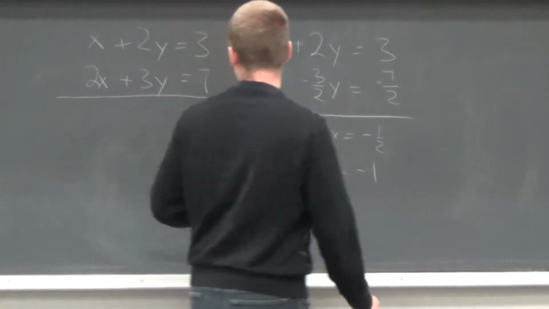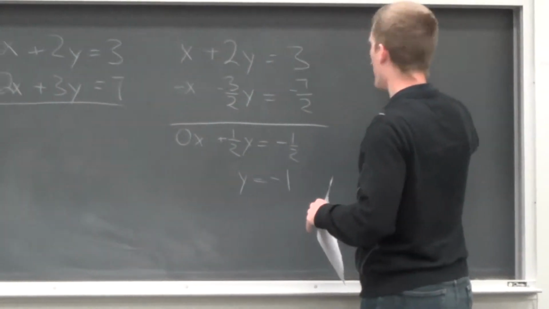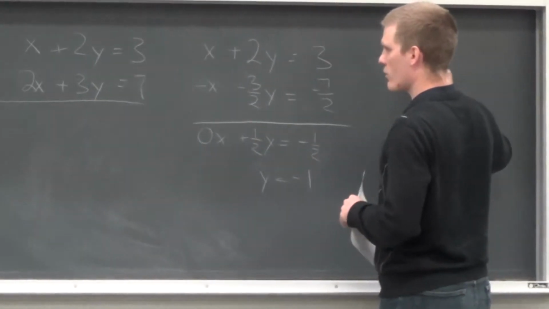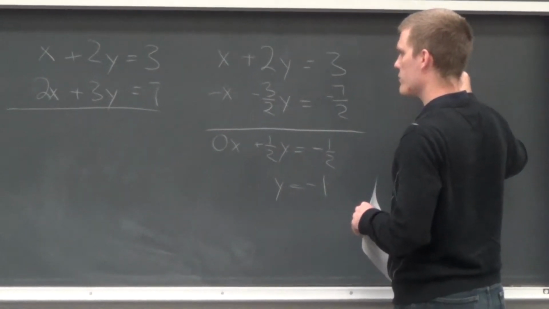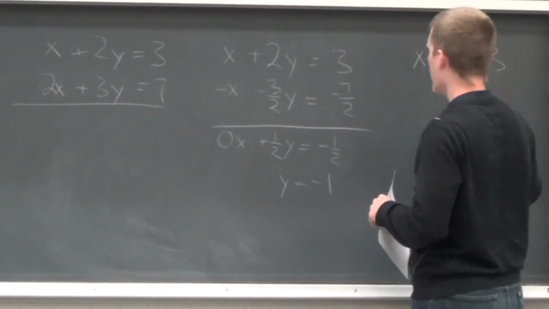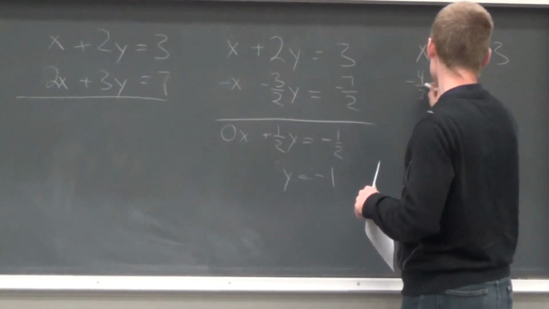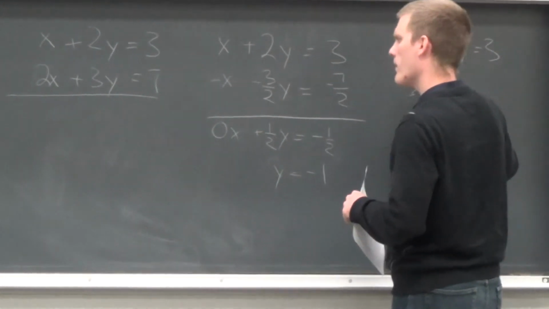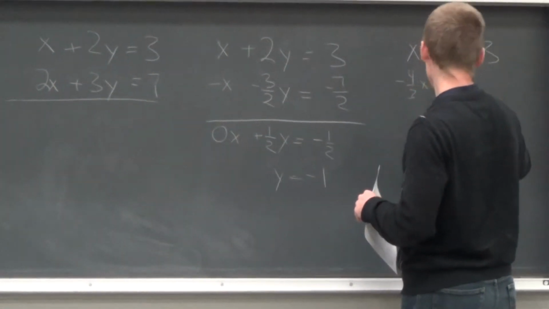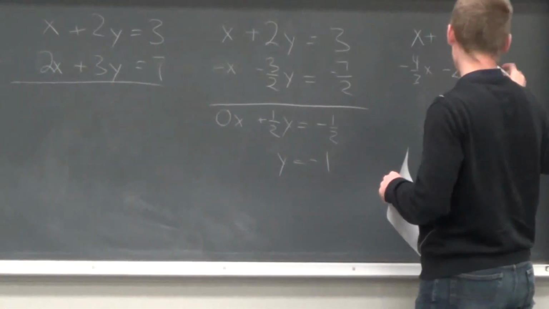Now we can do similarly to find out what x is by canceling for y. To do that, I'll multiply the bottom row by negative 2/3. And the bottom row becomes negative 4/3 x minus 2y equals negative 14/3.